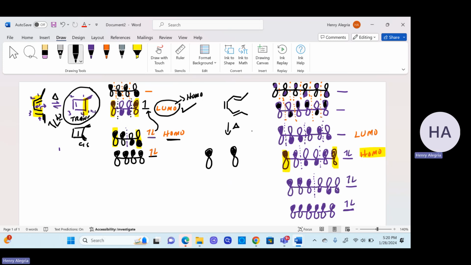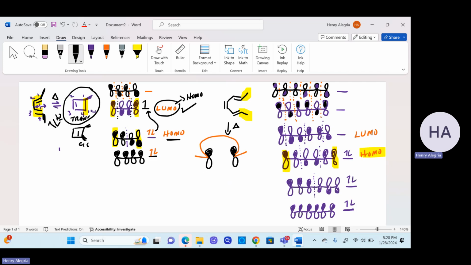So notice that the two methyl groups here are pointing outwards. So that means I have the methyl out, and then the rest of it is connected by carbons 2 through 5. If I want to have a match, this time I'm going to make the shaded ones match, but it makes no difference.